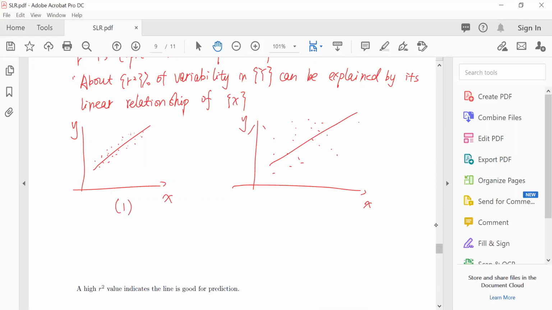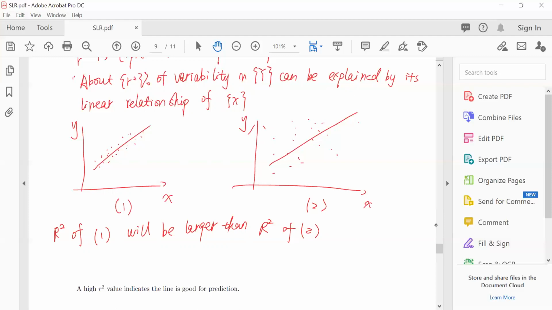So suppose this is 1, this is 2, then the r squared of 1 will be larger than the r squared of 2, because the points here are more clustered around this fitted line, which means most of the variation in the y could be explained by this line, right?